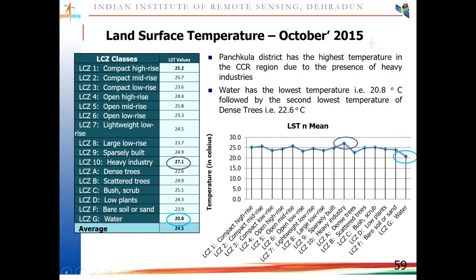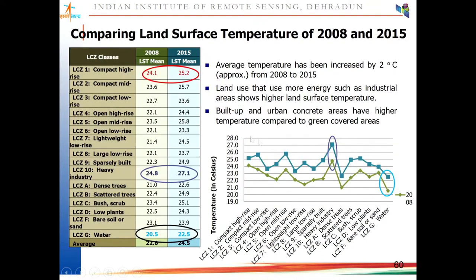A similar phenomenon is seen in October 2015 also, where heavy industry and compact high rise show the highest temperatures. If we compare the land surface temperature of 2008 and 2015, overall there is an average temperature increase of 2 degrees centigrade from 2008 to 2015. But the pattern remains the same: the highest temperature is shown by heavy industry, and the second highest by compact high rise.